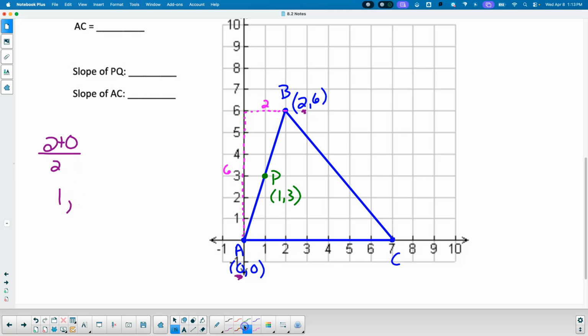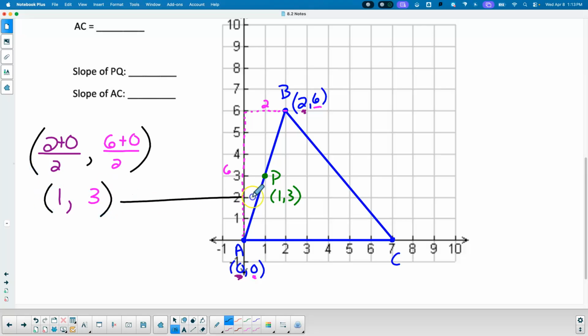And now I take the y values from those two, 6 plus 0, and I divide it by 2. 6 plus 0 is 6, divided by 2 is 3.